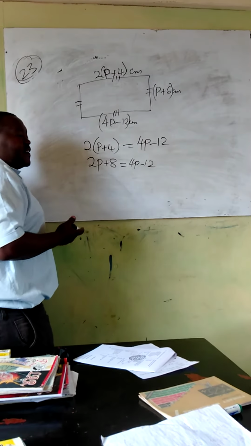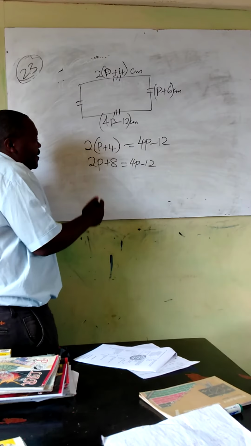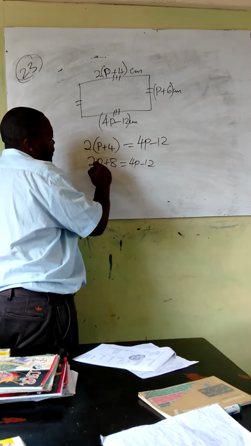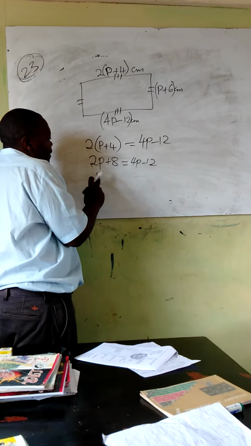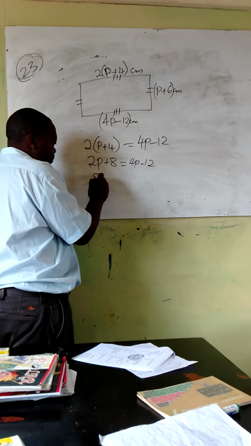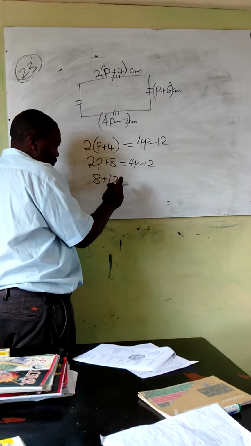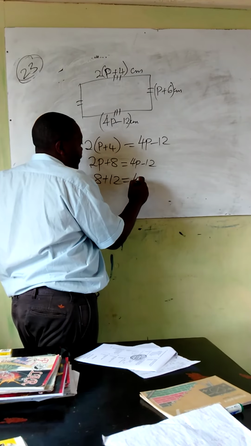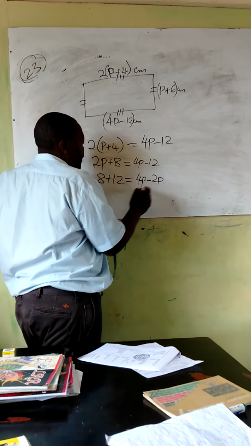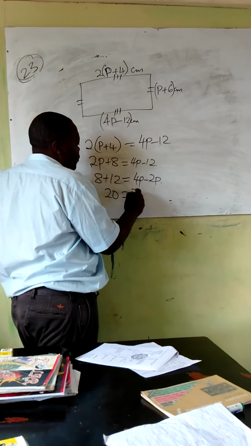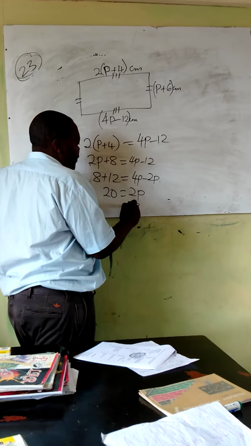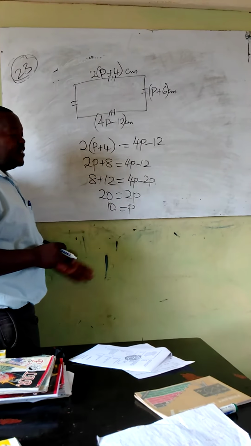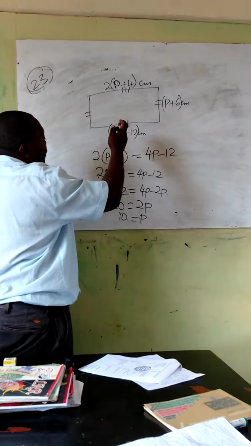We bring 12 to this other side and take 2p to that other side, taking the p's to one side and 12 to the other. So we have 8 plus 12, the minus becomes plus, is equal to 4p minus 2p. This will be 20 and this will be 2p. So our value of p is 10, by dividing 20 by 2.